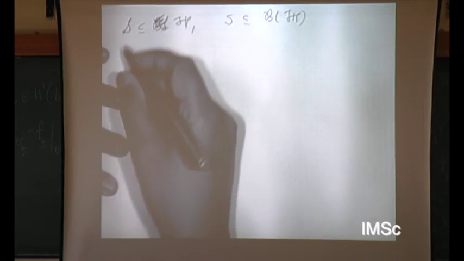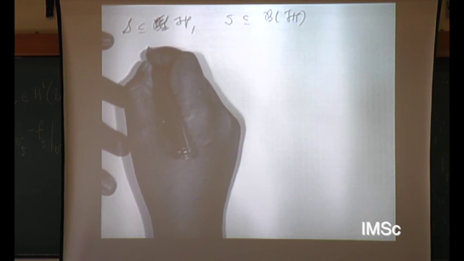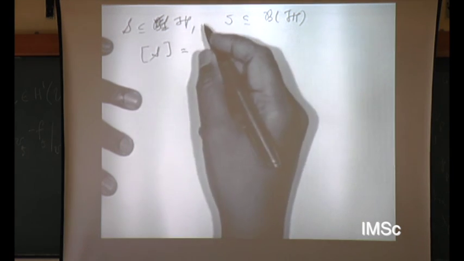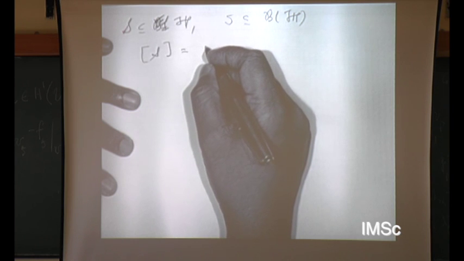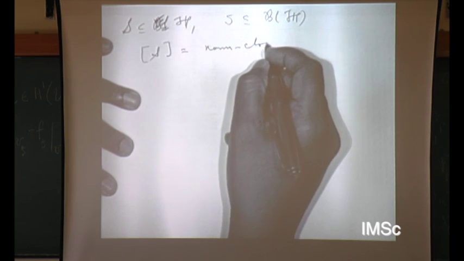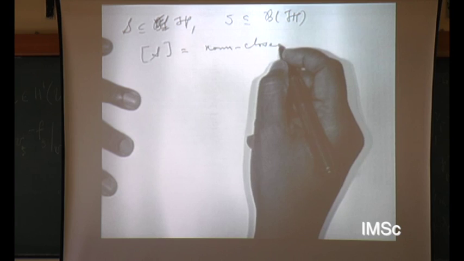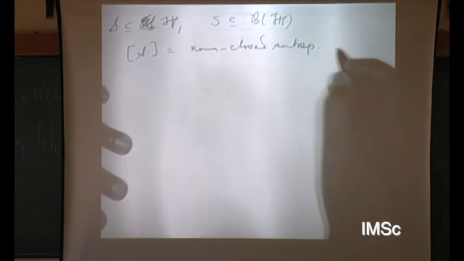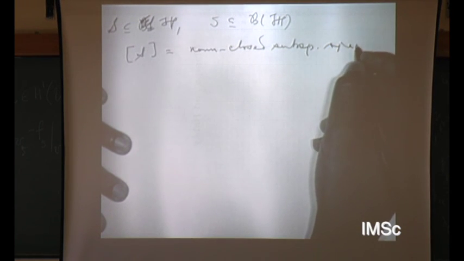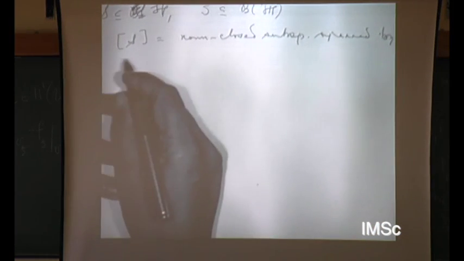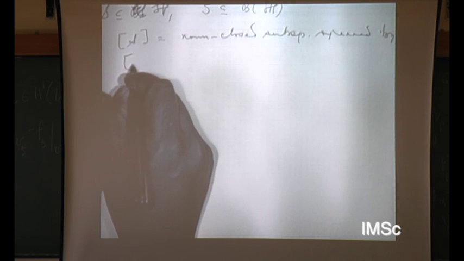Okay. Then we will write this symbol to denote the closed subspace spanned by S. This is the norm closure of the linear span of S. And we will also write this sometimes.